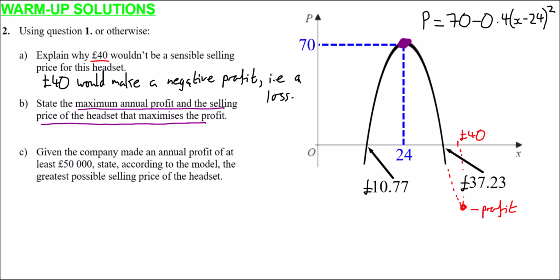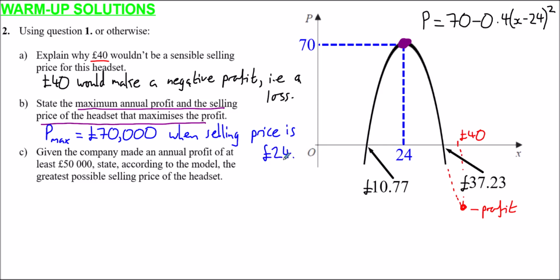So profit max, P max, is £70,000. And the price of headset that maximises the profit is when we sell it at £24. That's when the selling price is 24 quid.